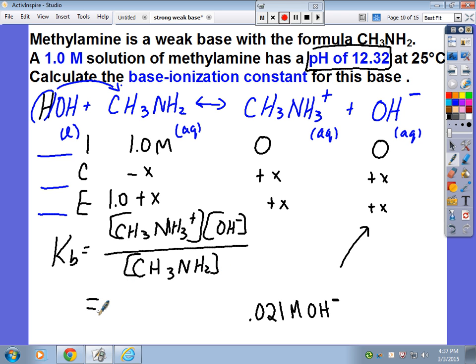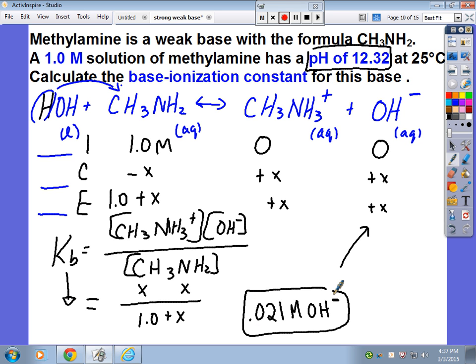And what do I know? I know that this is X, I know that this is X, and I know that this is 1.0 plus X. I'm trying to find Kb, aren't I? Now what is X? Don't we know X is equal to this value right here?